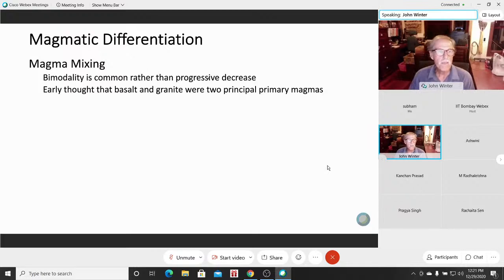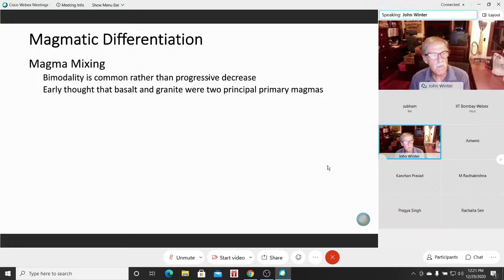Magma mixing was also a very popular idea for a while. If you look at a lot of areas that have a range of igneous rocks in them, bimodality is common. In other words, you usually see more mafic rocks, basic rocks, and you see more silicic rocks together. You rarely see what you might expect if crystal fractionation were dominant, which you'd see progressively less and less mafic, and then a little bit of residual granitics that manage to make it that far down the line.